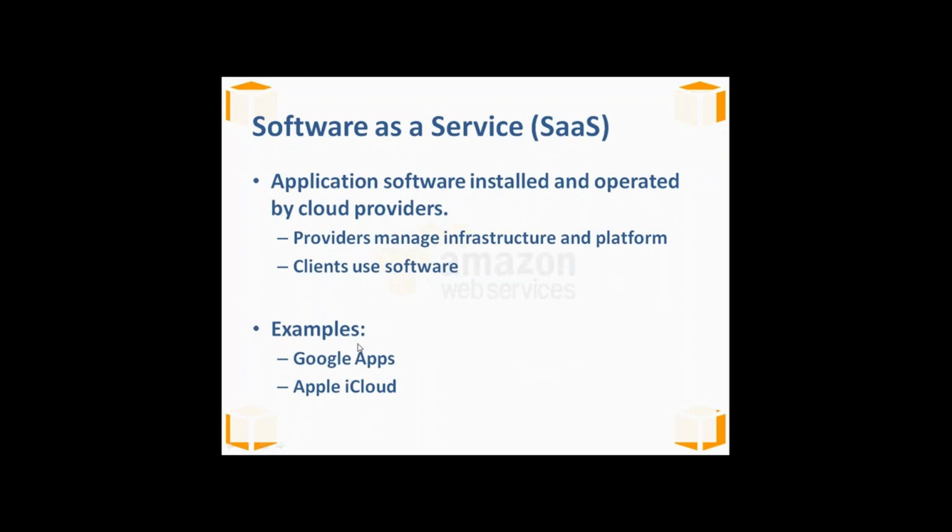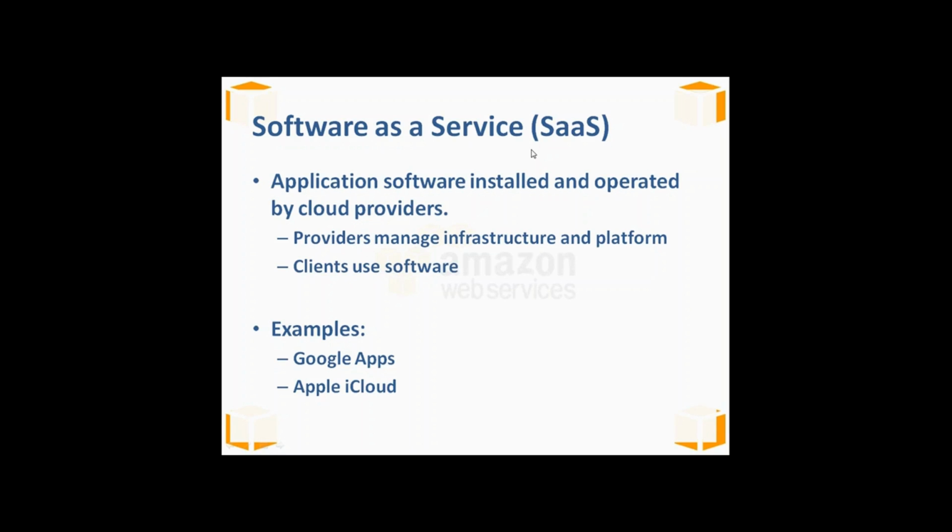For example, you might have come across Google Apps as well as Apple iCloud. You might have used Google Apps applications on an Android device, whereas Apple iCloud on your Apple devices such as an iPhone or iPad. So what you would have done is borrow these apps, which provide many applications, and install them onto your machines. So this is a good example of software as a service.